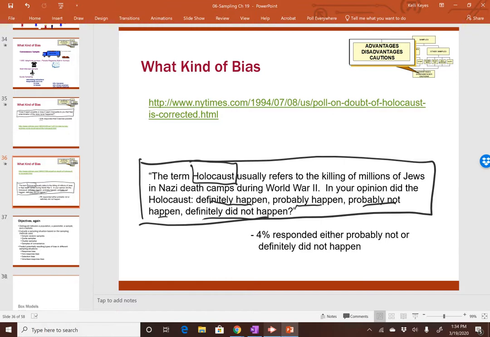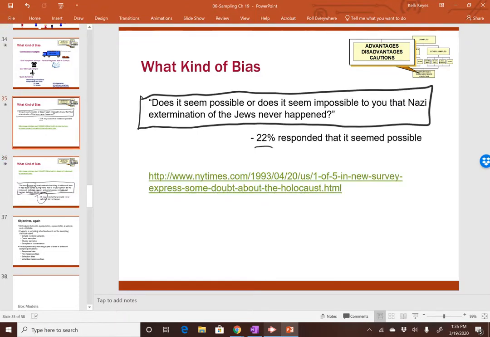And then they voted, of those four things, where do they stand? And so after that, only 4% said probably not or definitely did not happen, which is a lot less than 22%, right? And I'm pretty sure they were surveying people in the US because it was run in the New York Times.